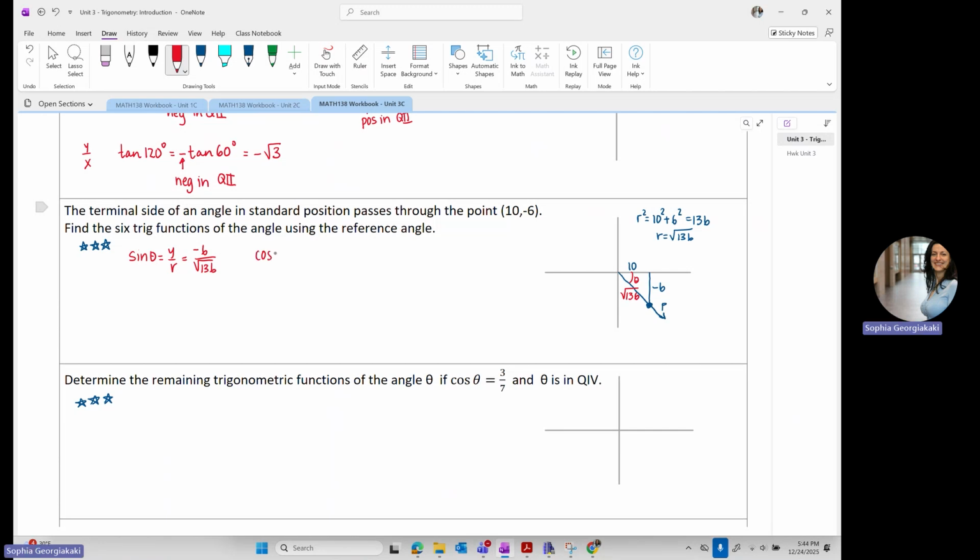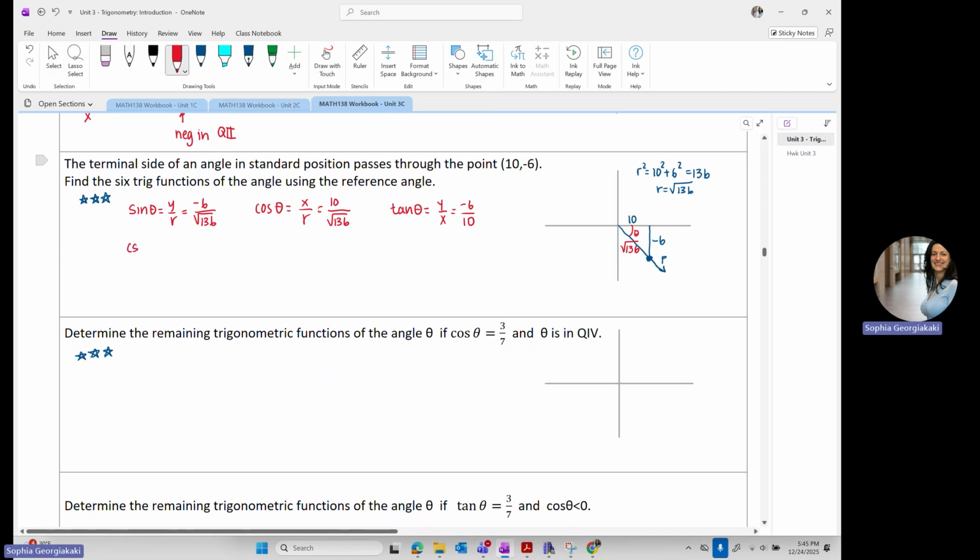The cosine of theta is x over r, the x is +10, and the r is the square root of 136. If they ask me to rationalize denominators, I can do so. The tangent of theta is y over x, and the y is -6, and the x is 10.